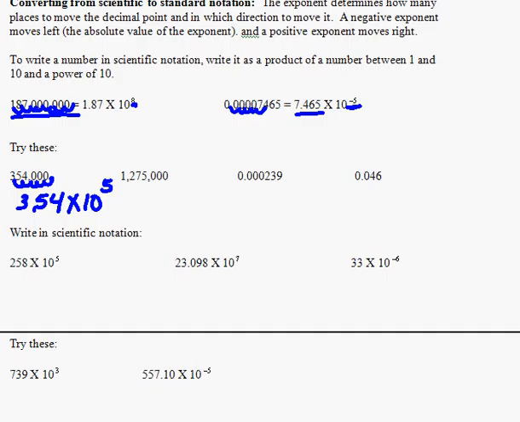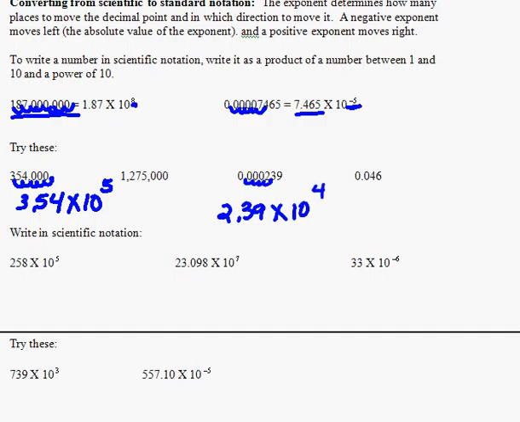If I move over to 0.000239, here's my decimal point now. I need it to be behind the first non-zero number. So I'm going to end up with 2.39 times 10, and what power am I raising that to? The number of places I moved my decimal point, which is 1, 2, 3, 4.